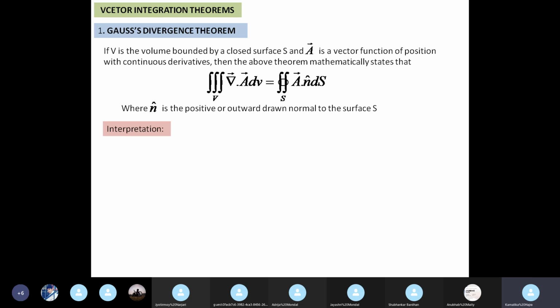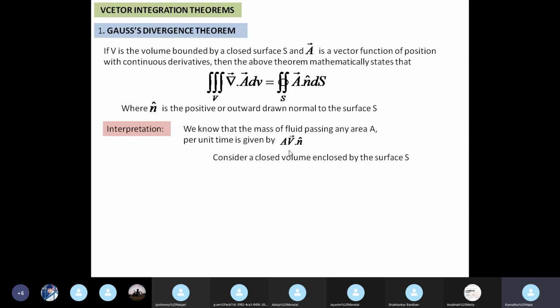So what is the interpretation? If you remember when we were discussing flux or the divergence operator, we had discussed what happens when a fluid is moving through a region, and we saw that the mass of fluid passing any area A per unit time is given by A v dot n cap, where v is the velocity vector.